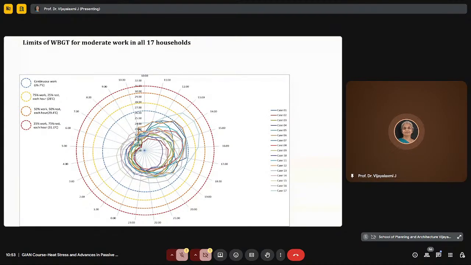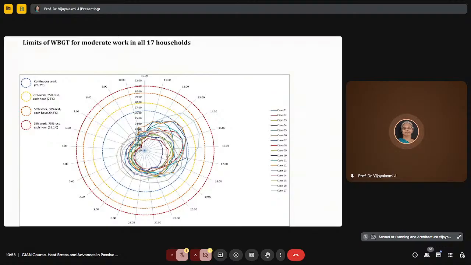Similarly, when you use tin roof, they have higher WBGT values reaching the threshold for continuous work. This indicates that occupants staying inside the tin roof household are subjected to very high stress levels during the month of March.